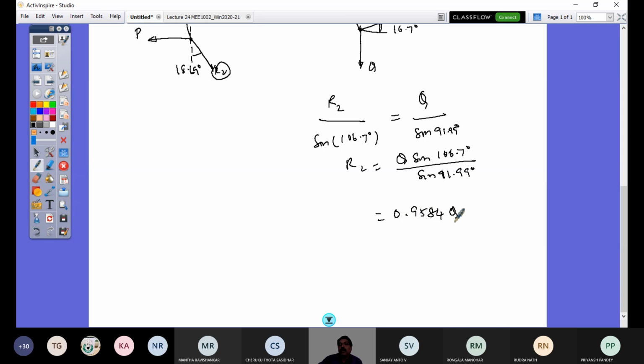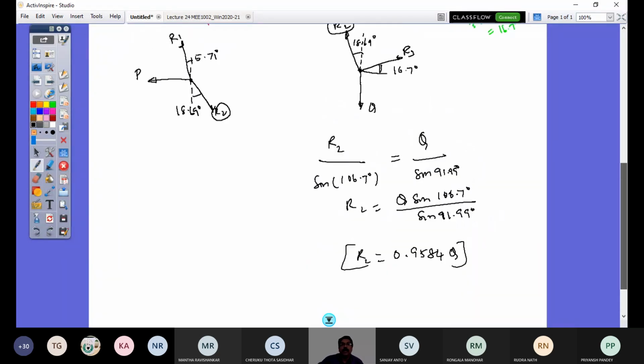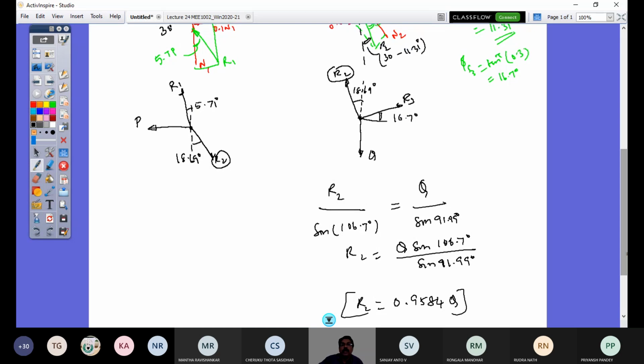So 0.9584 Q is R2. So I got R2 now, very simple. Then substitute that in this. Now here I have R2 equals 0.9584 Q. So now solve here for P.